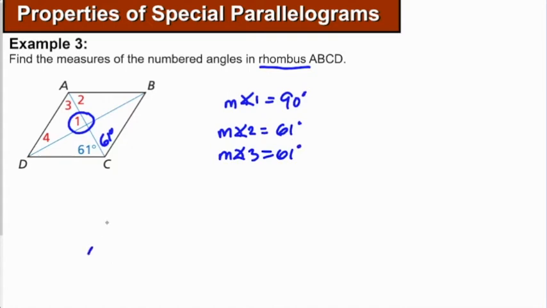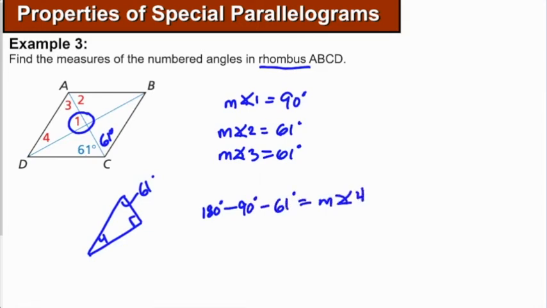Now we can take the triangle that is formed using the diagonals, and we can find angle 4. So 180 degrees minus 90 minus 61 will be equal to the measure of angle 4. 29 degrees is the measure of angle 4.